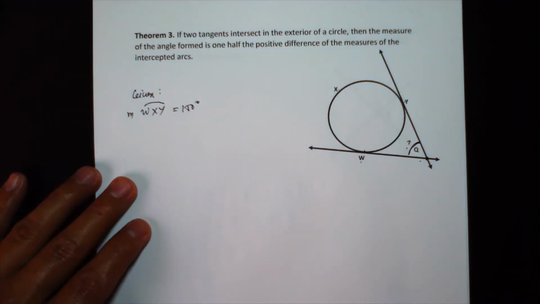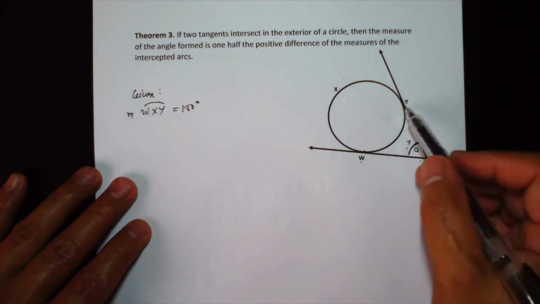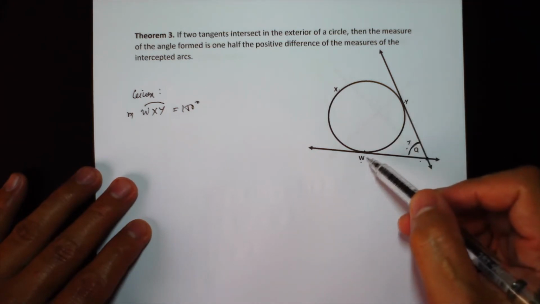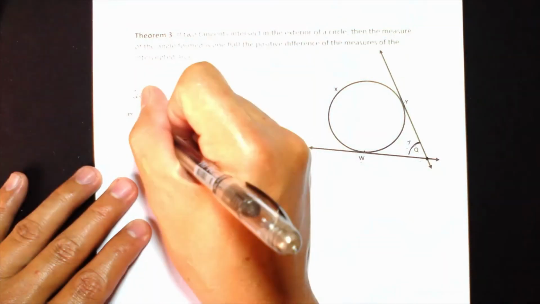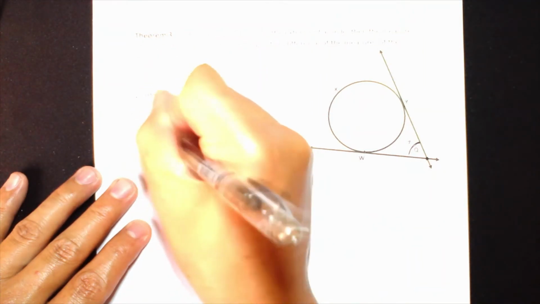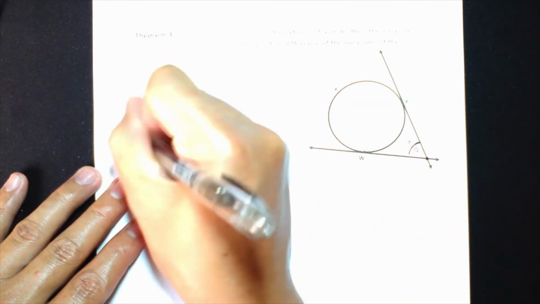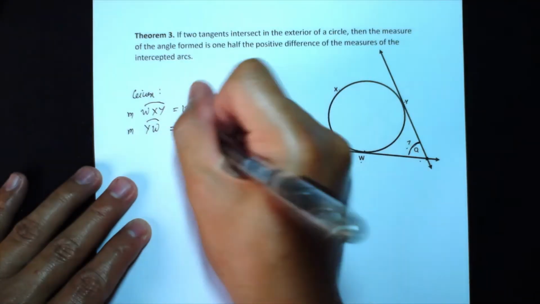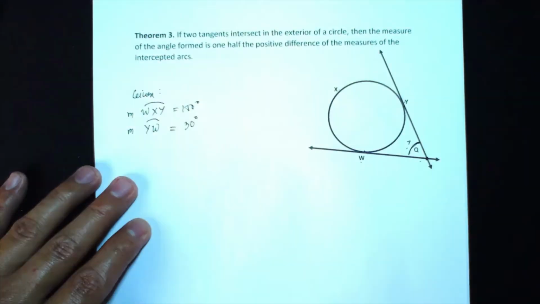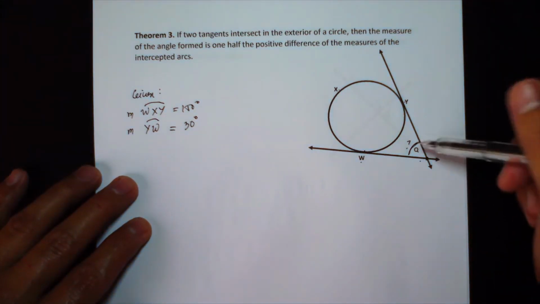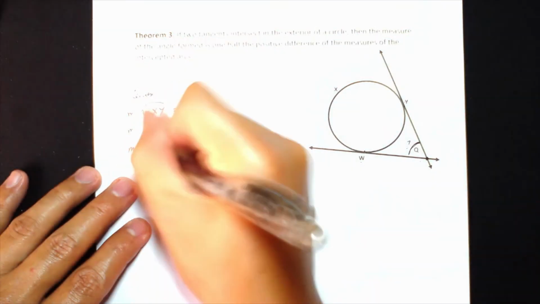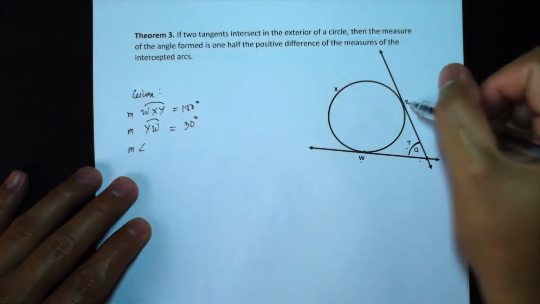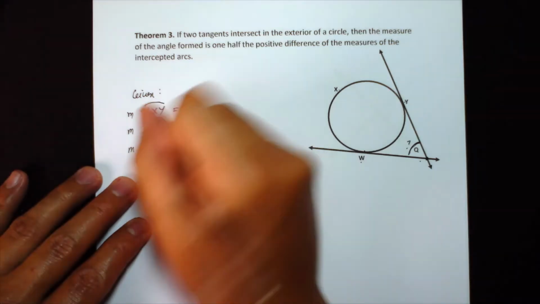And the measurement of arc YW is equal to, let's have 30 degrees. Now what is the measurement of angle YQW?